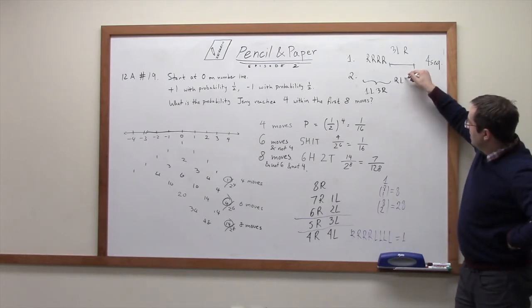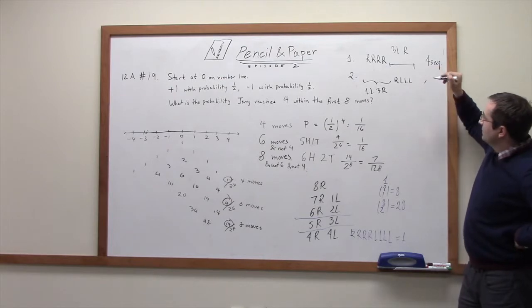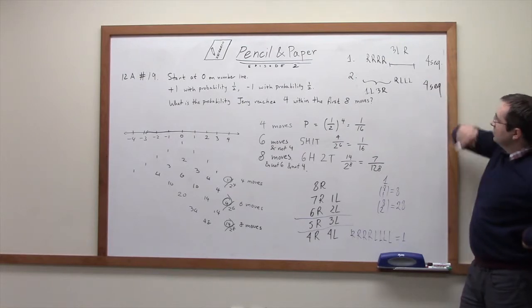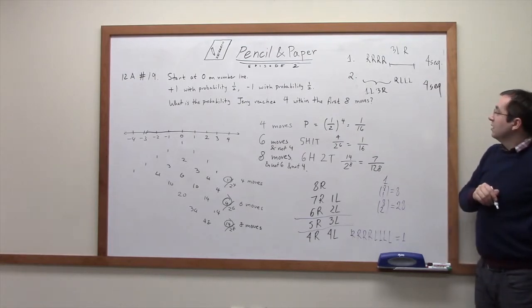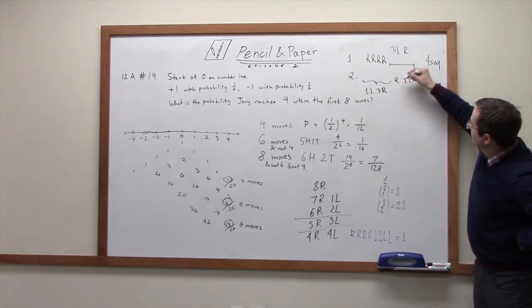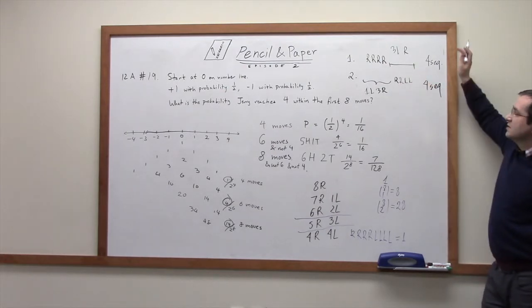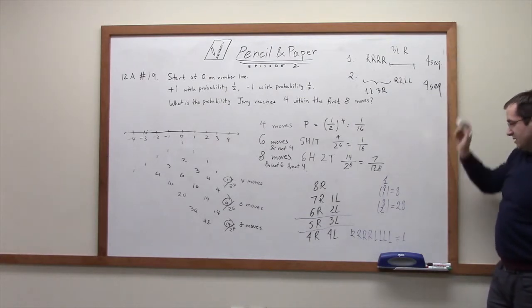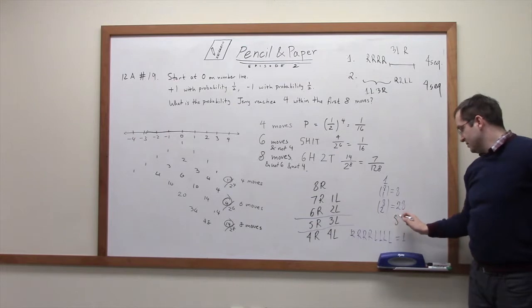Because your only shot is, if you have 2 L's in the beginning, there's no way you can make it, because you need 6 R's to get to 4, and you don't have 6, you have 5. Oh, it's RRLL. So this is the only way, right? And there are 4 sequences like this, so we get 8 total.